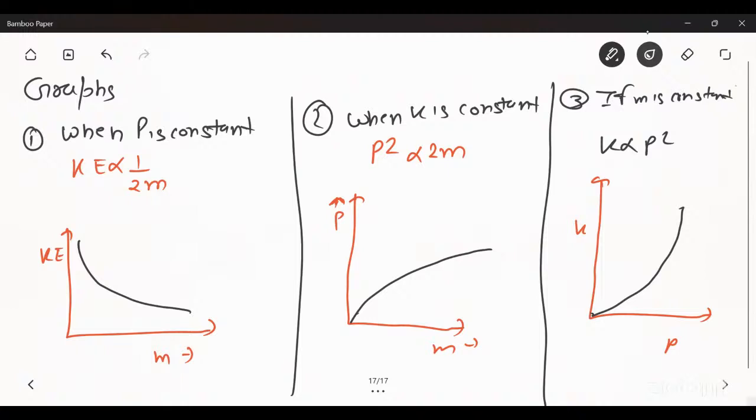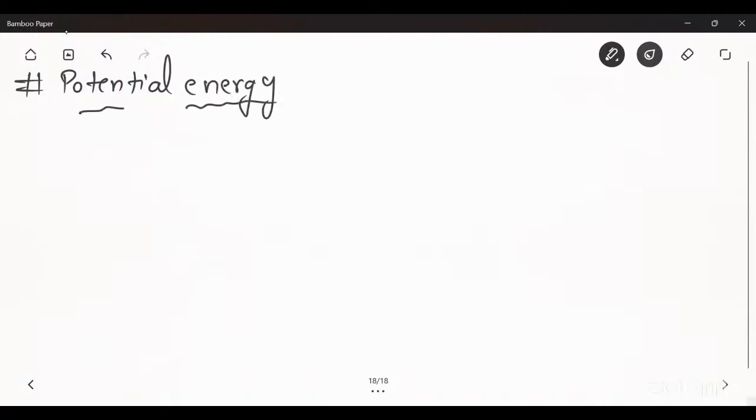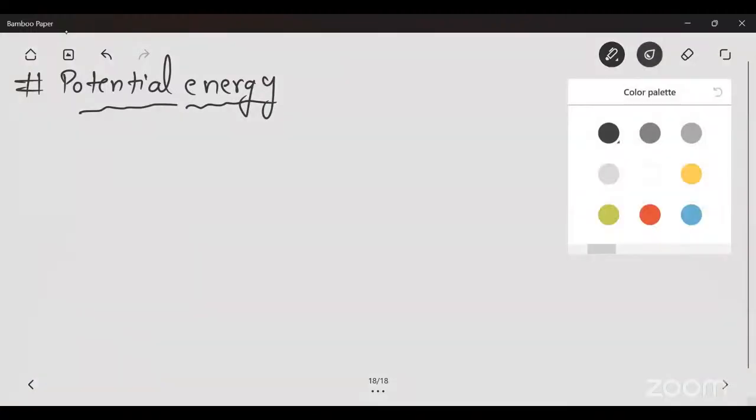Okay. Now come to the next part, that was your potential energy. So what is the potential energy? The energy possessed by a body by virtue of its position or of its configuration.